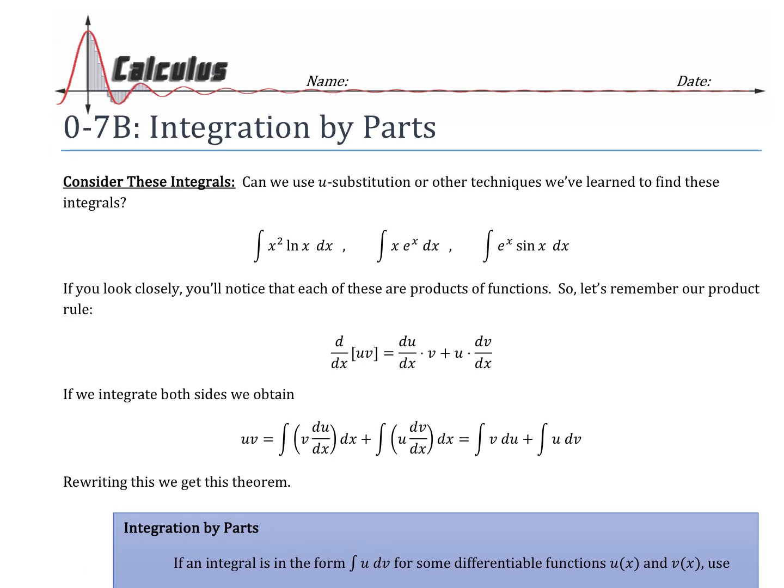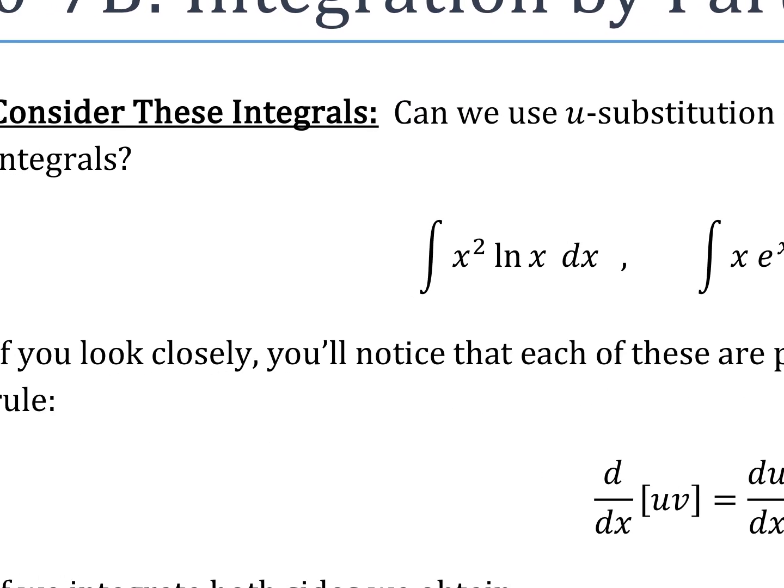So notice here in this first one, we have x squared times the natural log of x. So we have two different functions. Can we use substitution? Maybe we could say that u is x squared. That would mean that du is 2x dx. Well, that's not going to work because we don't have 2x dx.